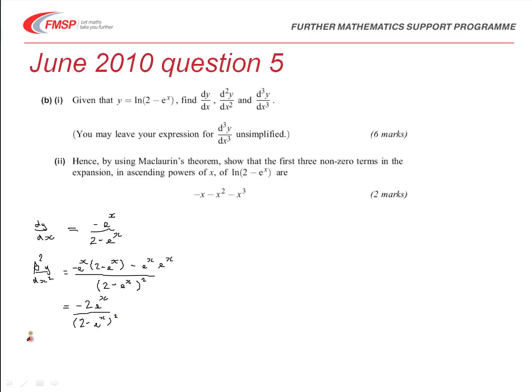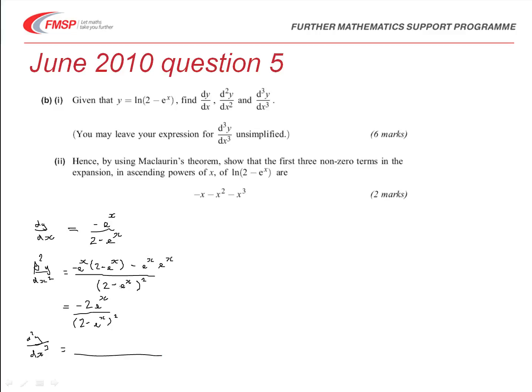To get the third differential then, we're going to have to differentiate once more. So again, it's an application of the quotient rule. So if we do this, what are we going to get?